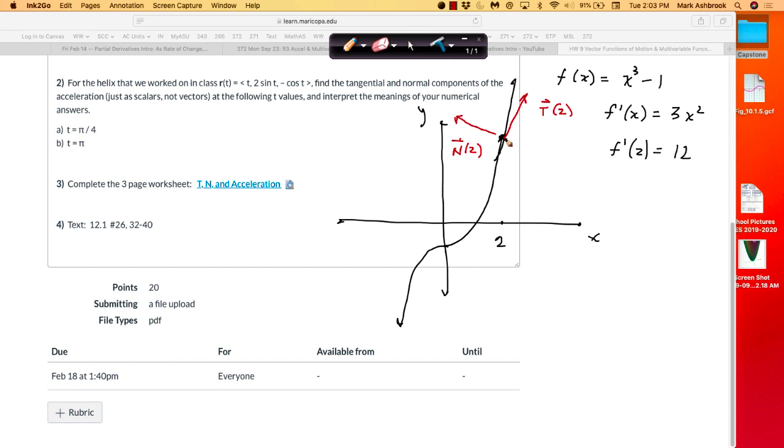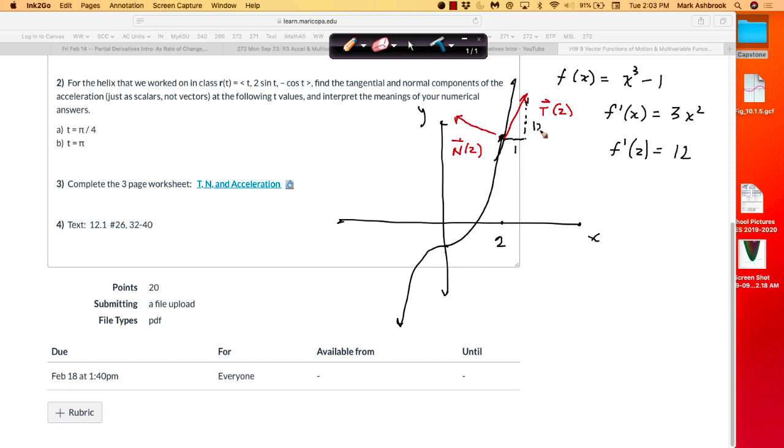A vector is made up of components, right? Is the 12 how much it went up for 1 unit of x? Yes, good. So how can we label this triangle? The x is 1 and the y is 12.